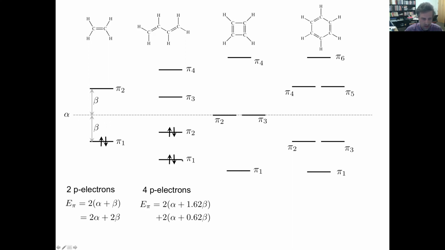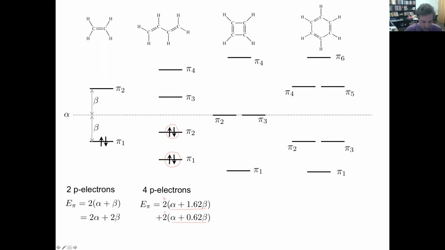These are the electrons in this state, because this state has this energy, and I have 2 electrons, so that means 2 times this energy. Then those 2 electrons are these 2 times alpha plus 0.62 beta. That is the energy of pi 2.